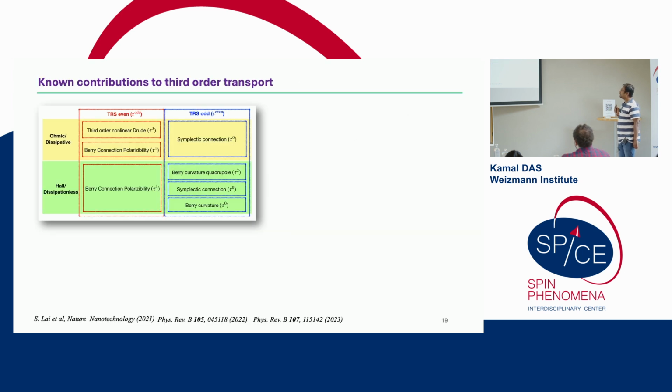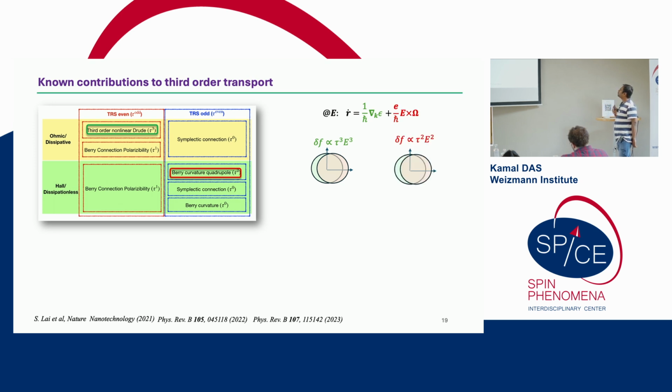So in such cases, if you calculate the responses, there are several contributions. I warned you that it's like a zoo, but let's try to understand this zoo. So one of the contributions, which we call third order nonlinear Drude, comes from the third order shift of the Fermi surface. The other one comes from second order shift of the Fermi surface combined with this anomalous velocity.